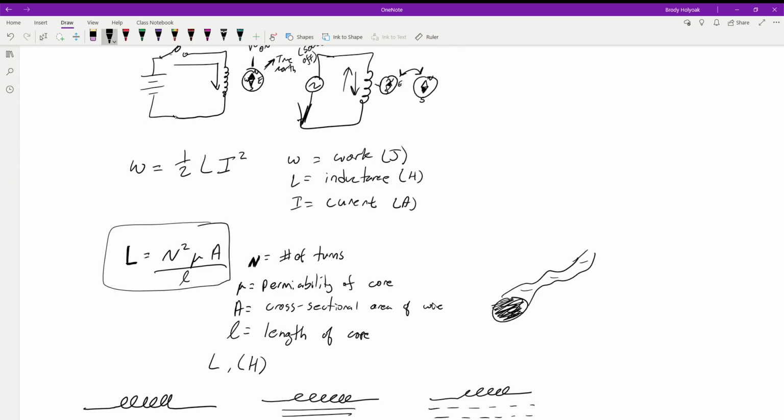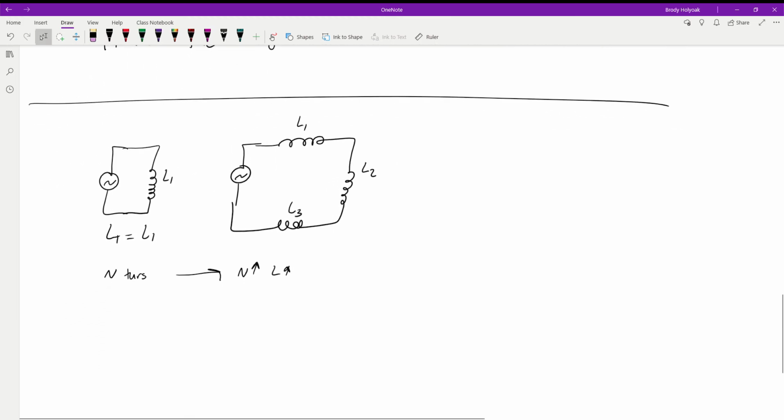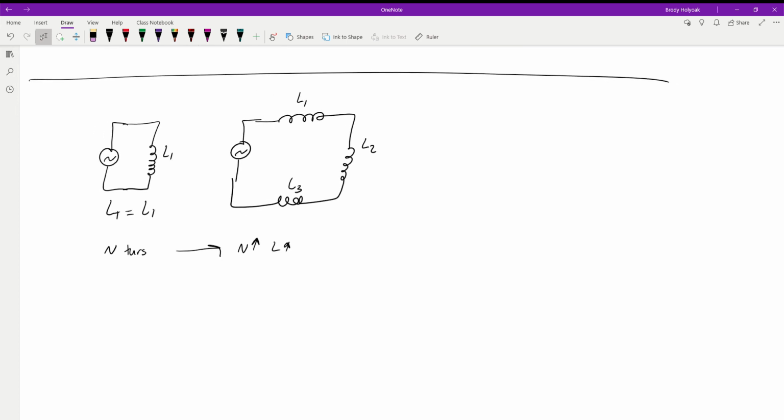It's N squared, so the more turns we have, the larger the effect. Inductance will go up as the number of coils go up, and that's essentially what we're doing in a series circuit. We're adding more coils to our inductors and simplifying it down to one single inductor. So in this case, the total inductance is equal to L1 plus L2 plus L3.